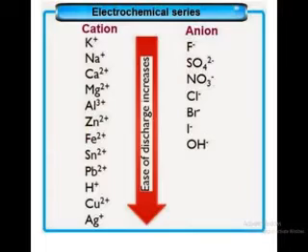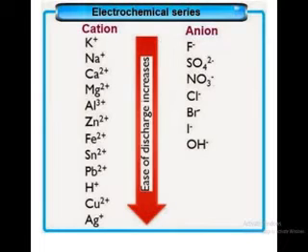So let's go. As you can see on the slide, the electrochemical series is a series of ions in which cations and anions are arranged separately according to their ease of getting discharged at the electrode. In the reactivity series, we have already discussed that the metals are arranged according to their ability to form compounds, or their reactivity.